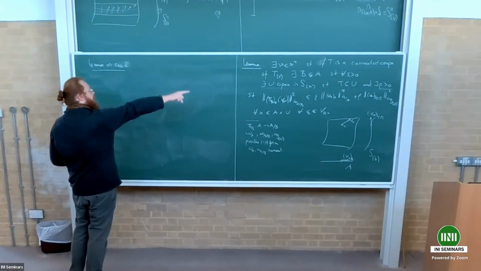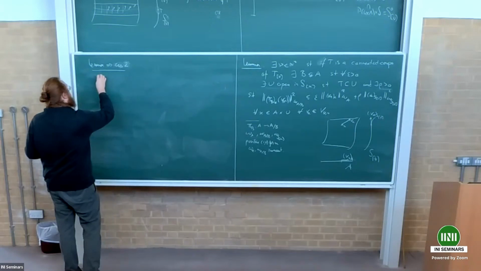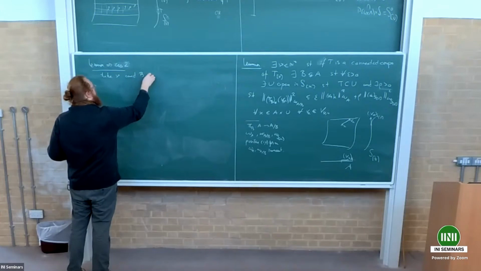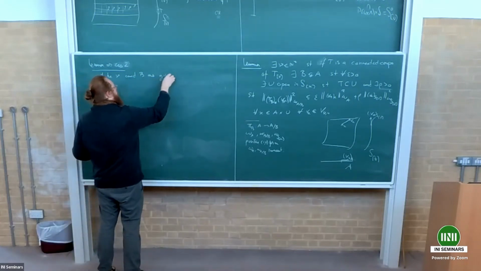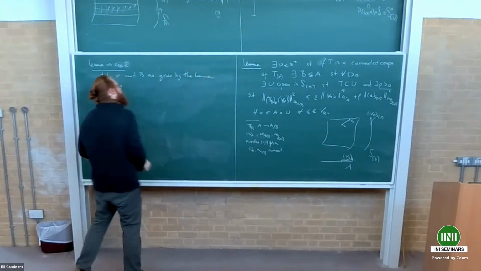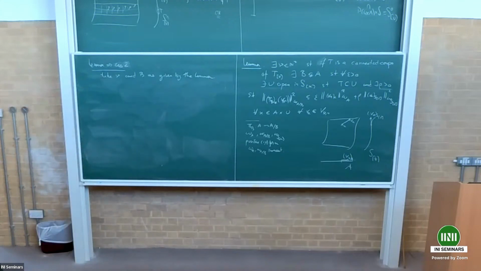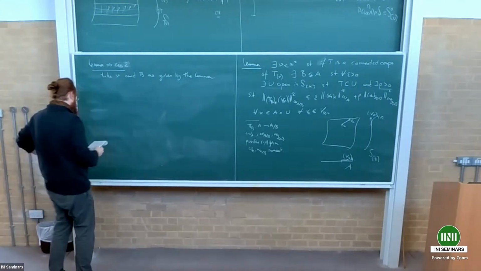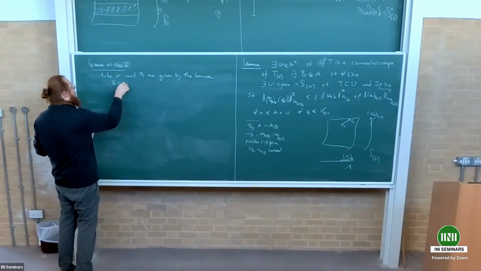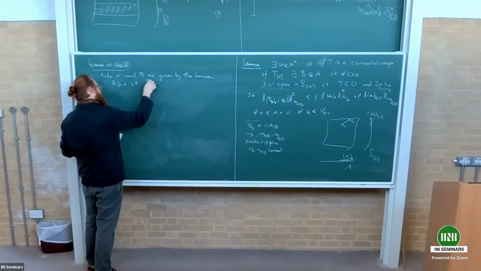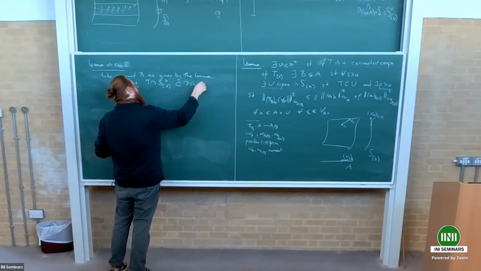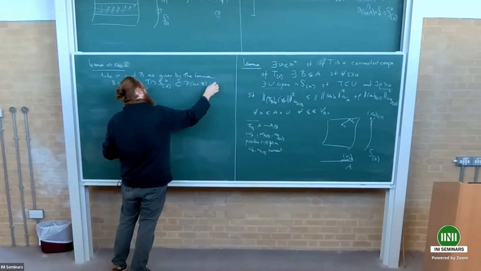So you take mu as given by here, and B as provided by the lemma, the second lemma somehow. And so you have B in A such that it is included in P times S.